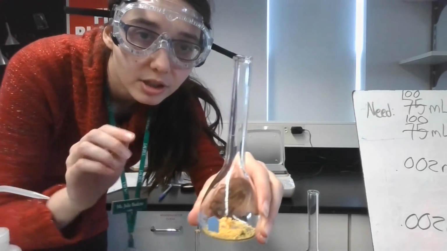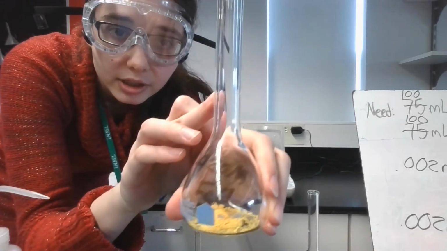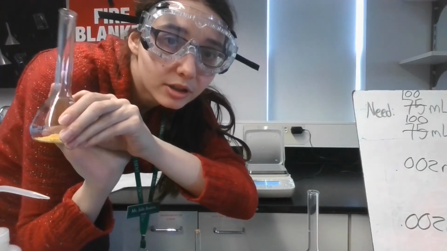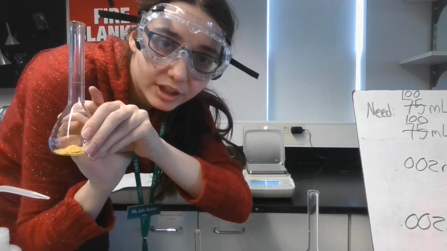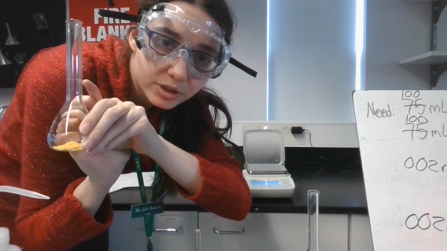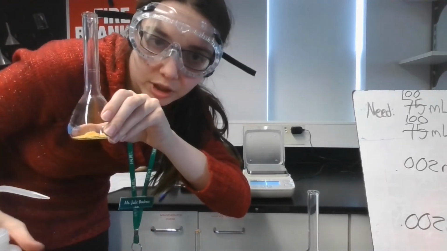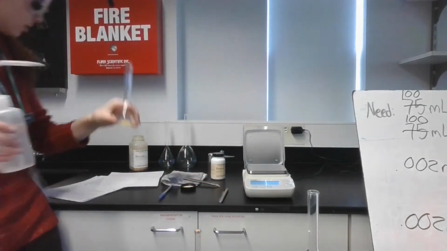So there is a line, if you can see it, maybe if I put my sweater in front for contrast, that line right there. So we are trying to reach exactly this line, and that will be exactly 100 milliliters, and I'm going to do that for both volumetric flasks.